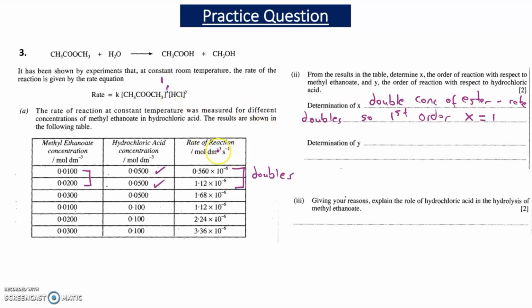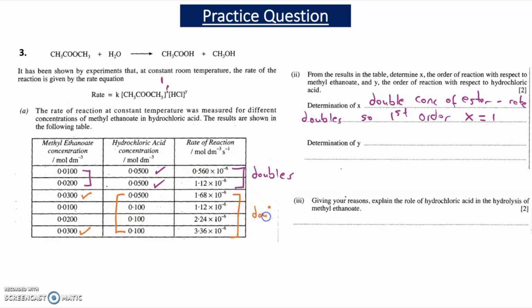Now to determine y, the order with respect to the HCl, we once again look at the experimental table, and I'm looking at experiments where I change the concentration of hydrochloric acid, but I keep the concentration of ester the same. So I've highlighted these experiments I need to look at here.